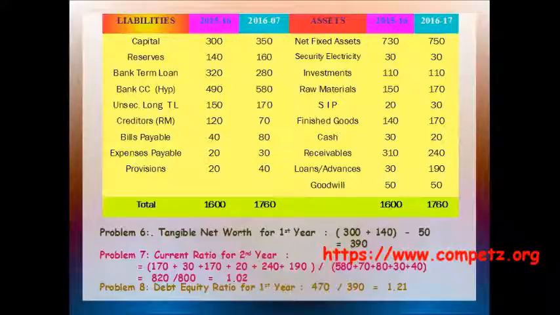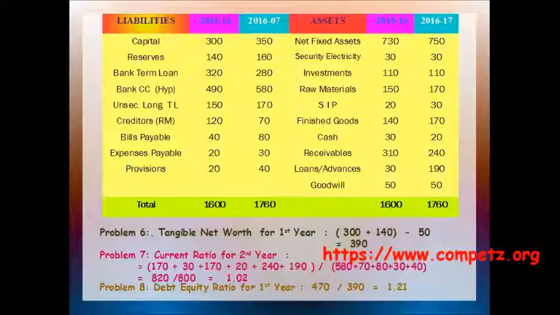Okay, so we will just do a calculation of the owner's fund. Owner's fund, friends, it will be coming as your total assets, that is your entire assets excluding your intangible assets. So while seeing the asset side, your fixed assets and all the rest of your assets are there. 50 is your goodwill.